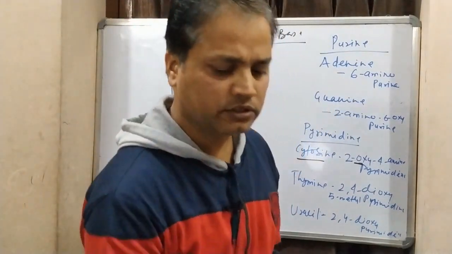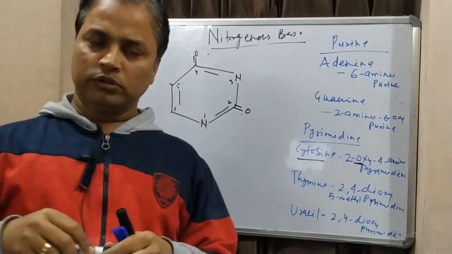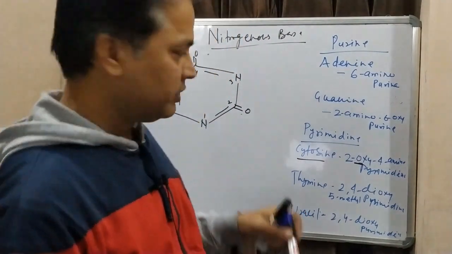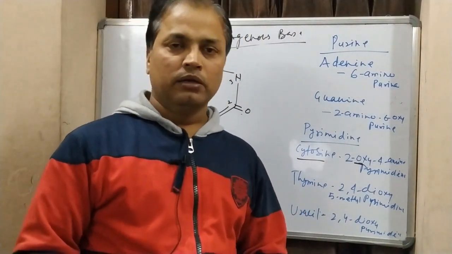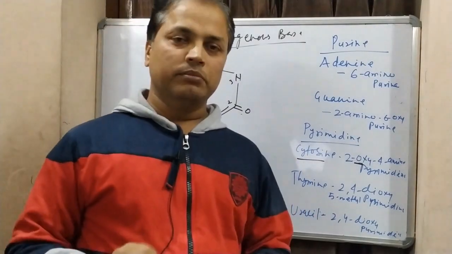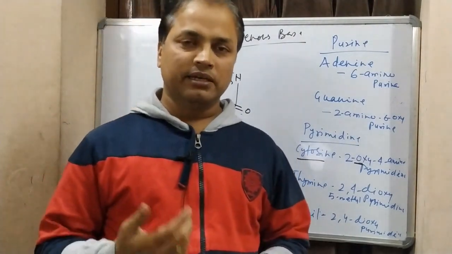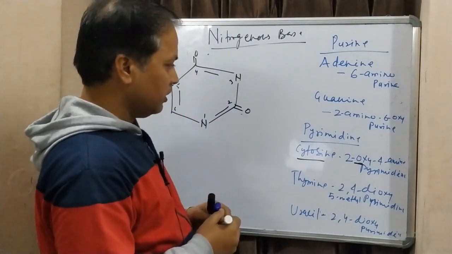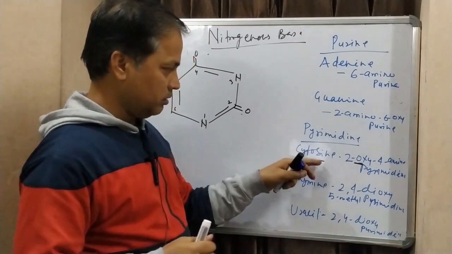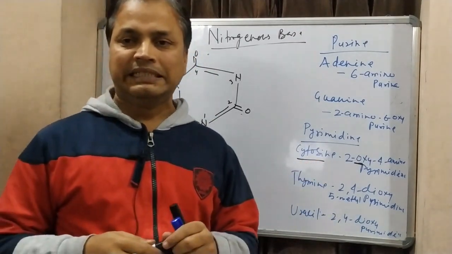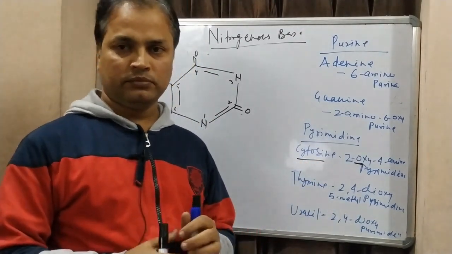We have seen the structures of both purines and pyrimidines, with different groups. There are some things you can remember, which come as MCQ questions. The difference between cytosine and uracil is deamination.